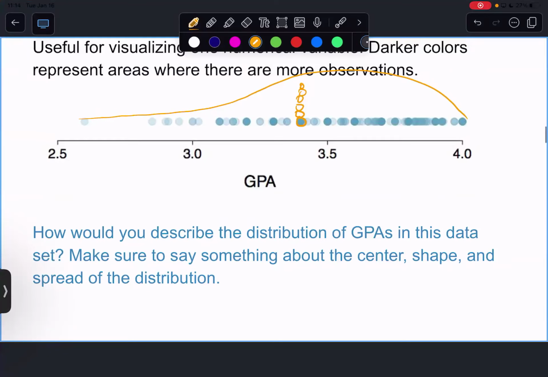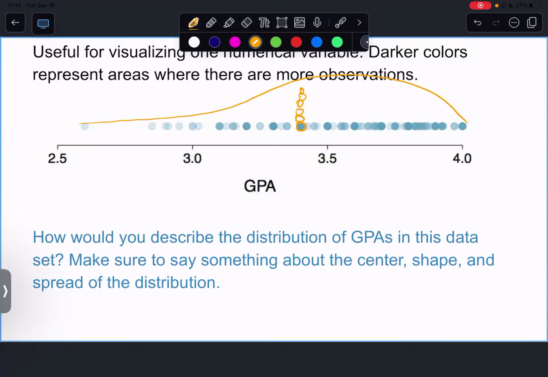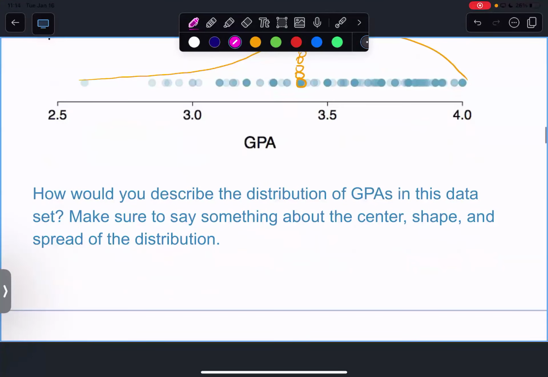Okay, so the reason I kept this slide is because what we want to do when we describe this distribution is describe the distribution in general. So often we talk about the shape, but also we want to know about the center and the spread.